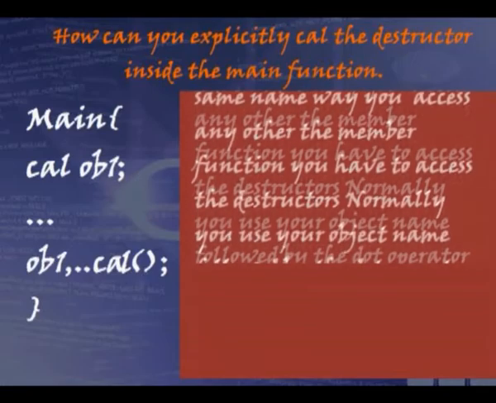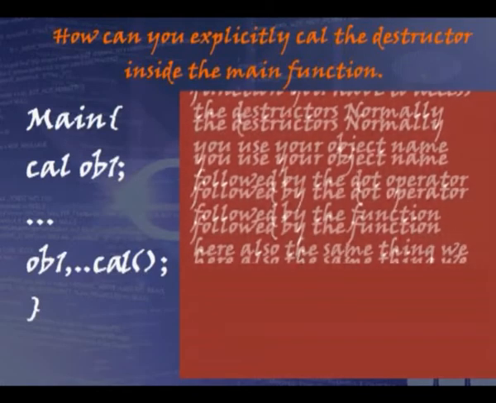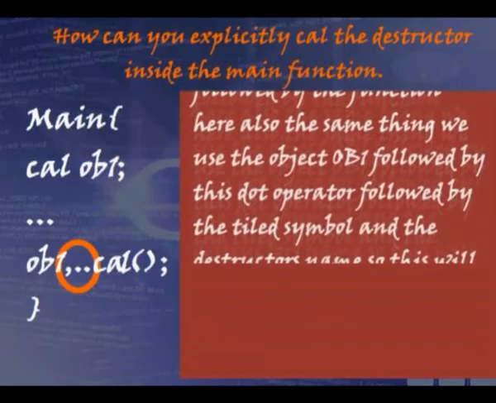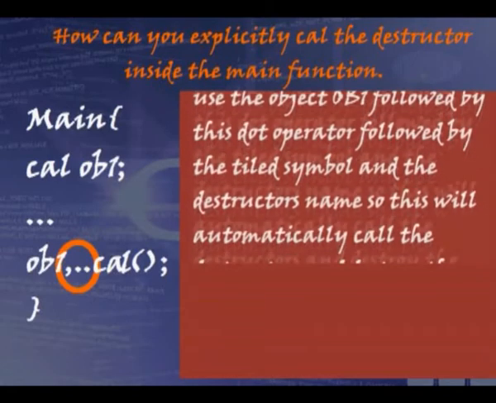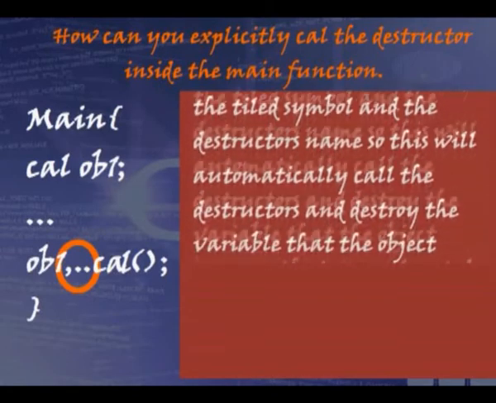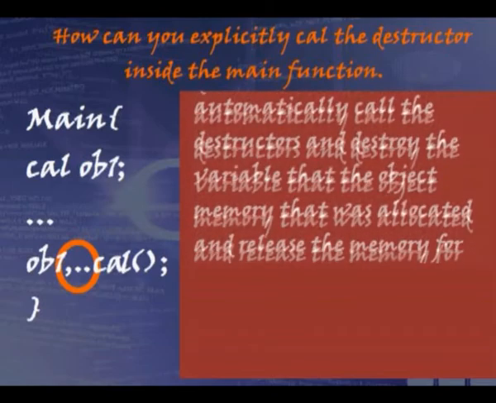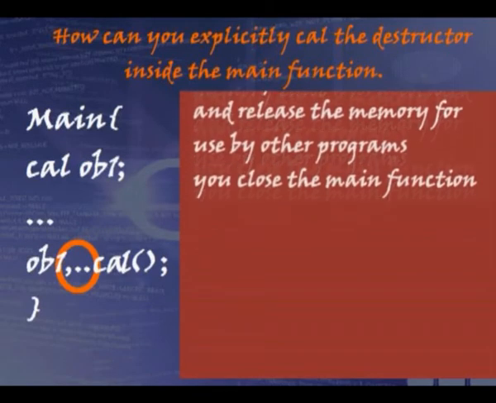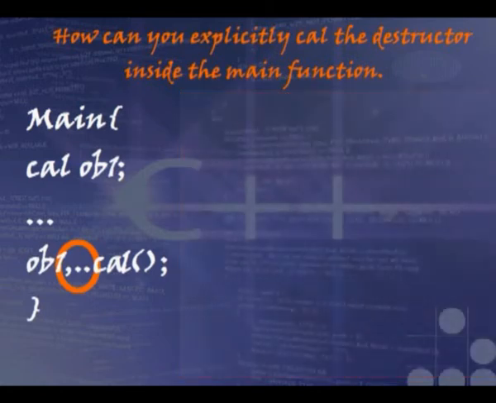Here also the same thing, you use the object name OB1 followed by the dot operator followed by the tilde symbol and the destructor name. So, this will automatically call the destructor and destroy the variables in the object memory that was allocated and release the memory for use by other programs. You close the main function.